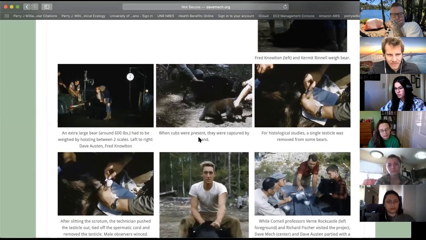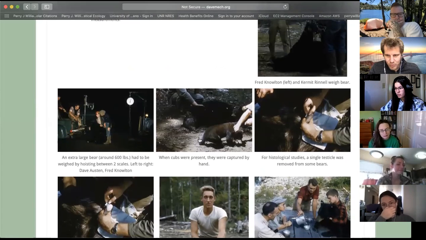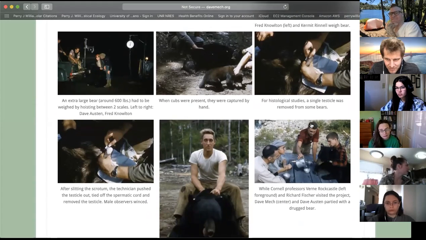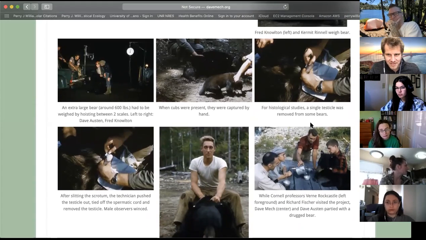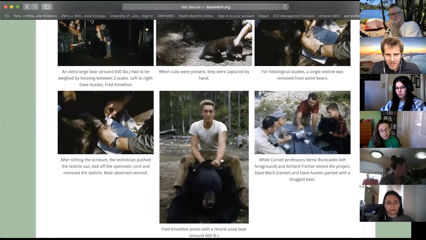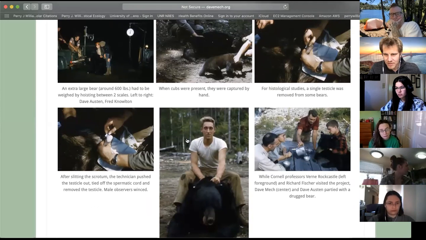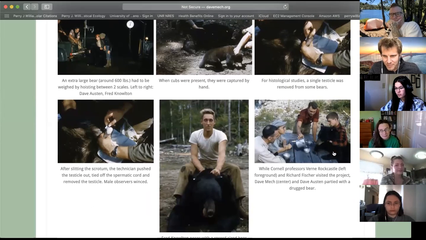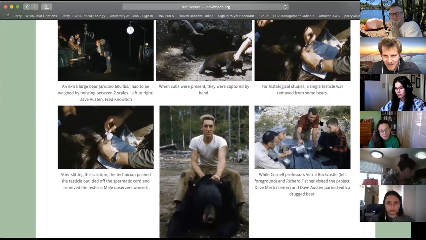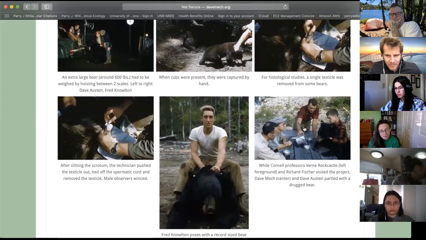They weigh them. They remove a testicle if it's a male for histological studies. They take pictures of people riding the bear. It looks like they're having a tea party over here on the right-hand side with the bear. Dave Mech is pouring the tea right here.